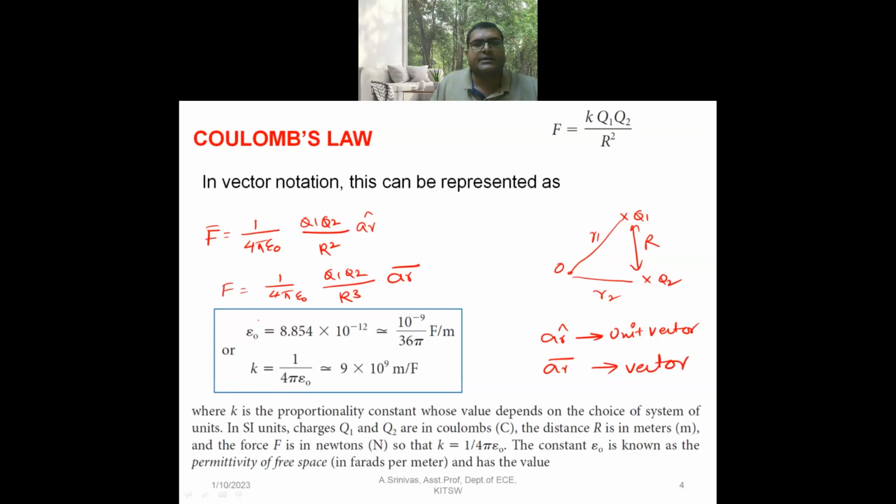Regarding the constants, epsilon naught is equal to 8.854 into 10 power minus 12 farad per meter, and if it is free space, then epsilon is equal to epsilon naught. The constant 1 by 4 pi epsilon naught is equal to 9 into 10 power 9 meter per farad.